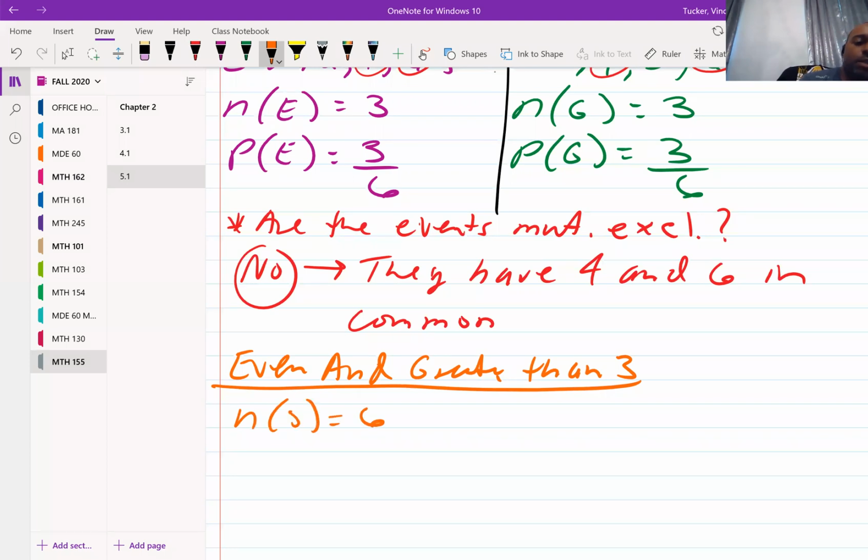Sample space is 6. Number of numbers that's even and greater than 3: 4 and 6.